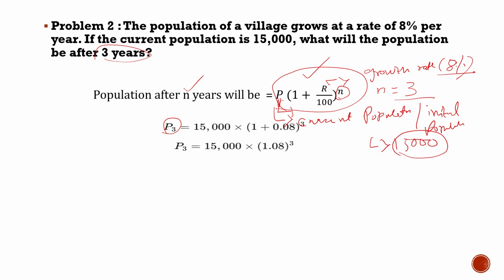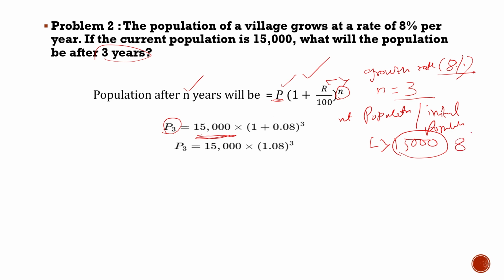So first we write the initial population, which is 15,000, into, in the bracket, you have to write 1 plus 0.08. So R was your 8%.